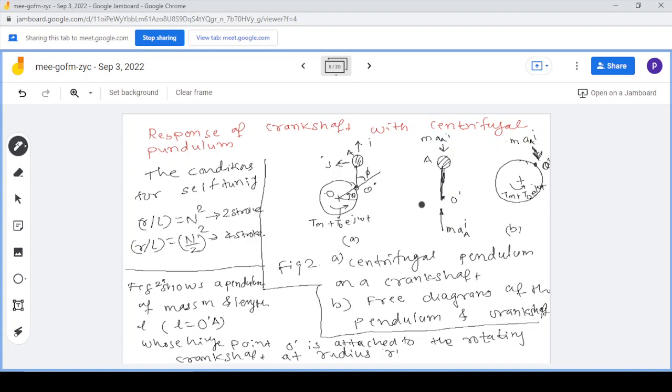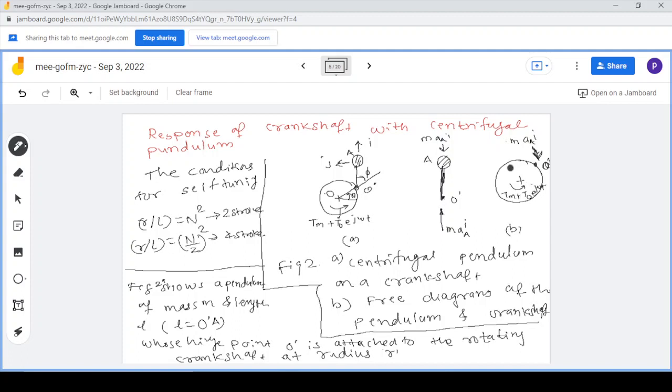Okay, now the free body diagram is drawn here. So we have drawn O dash to A, and the inertia force acting on it is m a a i, which will be neutralized by the opposite inertia force, right? Here i indicates the unit vector along the direction in which the force acts.